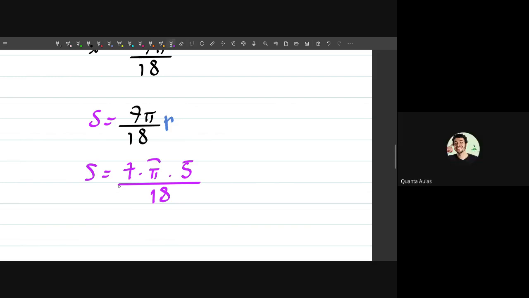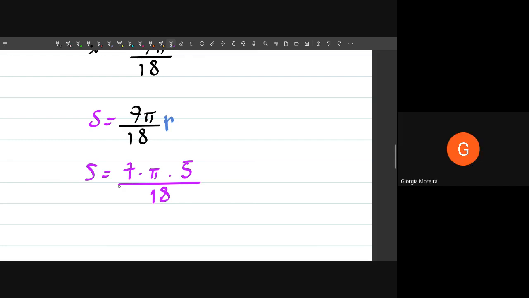You need to substitute pi by 3.14, and pay attention to the significant figures.